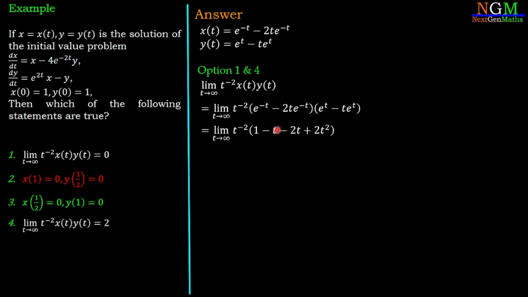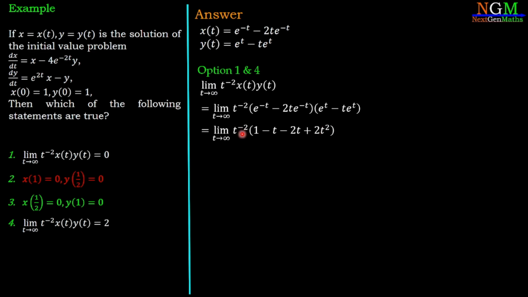If we open the bracket, then we can see e power minus t is a common factor in the first bracket and e power t is a common factor in the second bracket. So if they are multiplied, e power minus t into e power t will be 1. So we have a remaining part 1 minus t minus 2t plus 2t square.